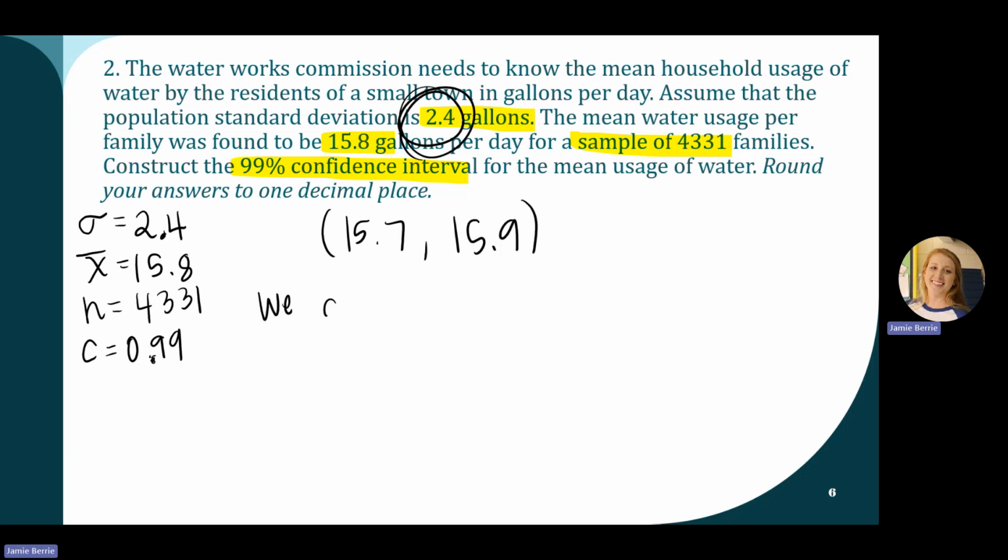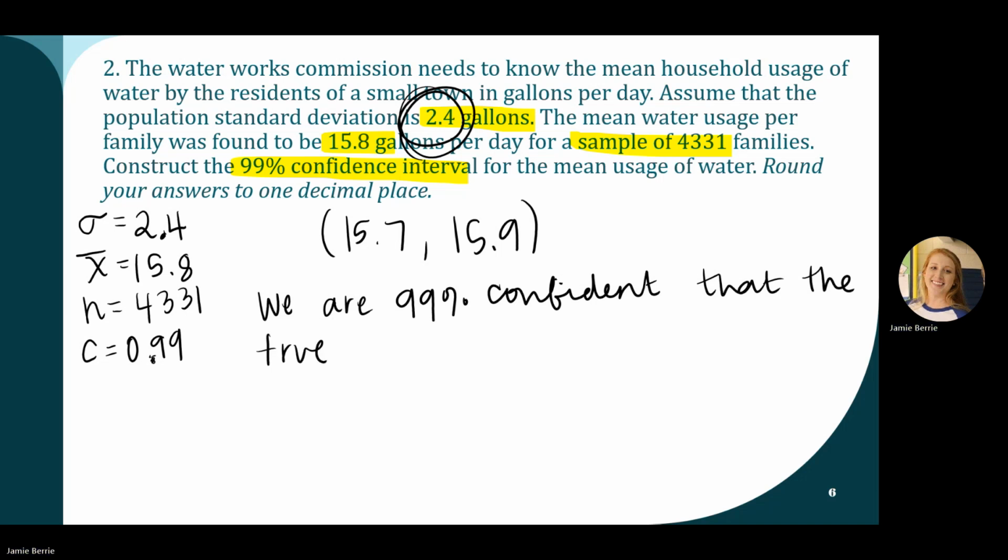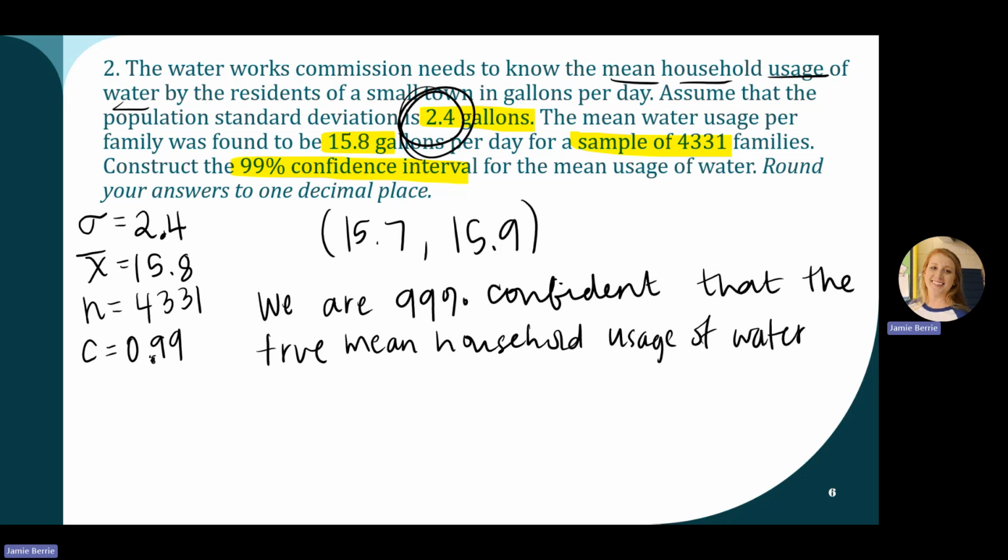All right, so we would say something like, we are 99% confident that the true mean, and this time our variable is mean household usage of water. You can usually get the description of the variable just by reading the problem and copying down their wording.